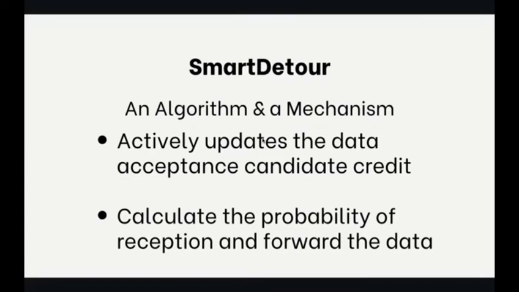The first part is a mechanism to calculate the probability of reception and forward the data according to the algorithm. And the second part is an algorithm which will actively update the data acceptance candidate credit. The first part will transmit the packet to the router with maximum efficiency, and the second part calculates the trust level of the router, which changes with the current situation.